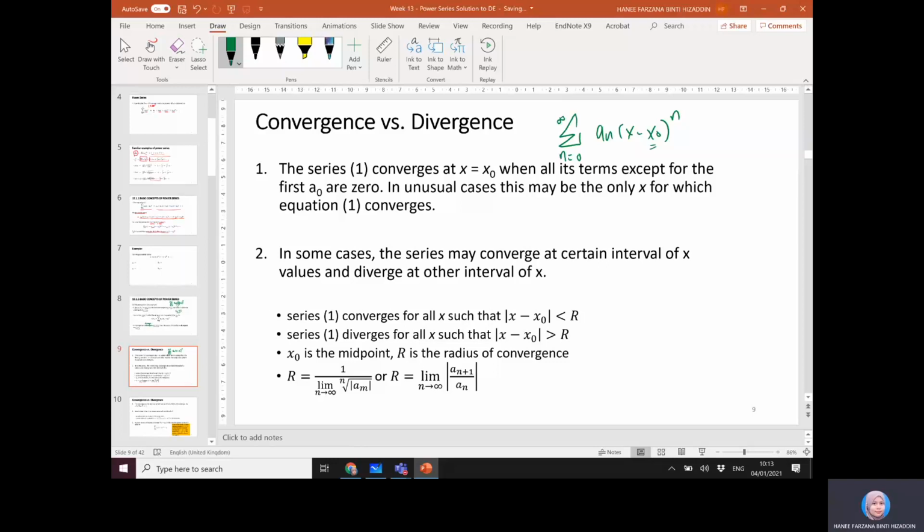Sometimes only when you replace x with x naught will the series converge. This is very unusual, meaning all of its terms become 0 except for the first term a naught. But in some other cases, the series may converge at a certain interval of x values and may diverge at other intervals of x values.